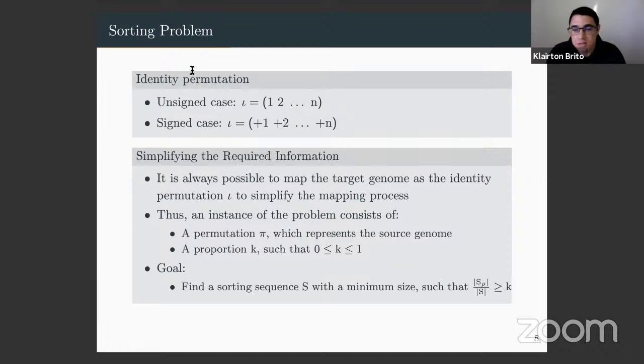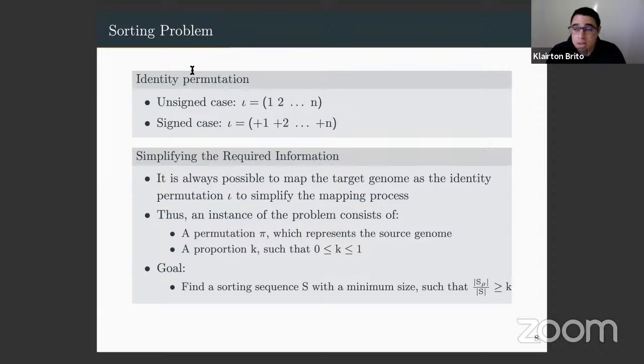And for the signed case, the identity permutation also has the elements in increasing order, with all the elements with positive sign. The problem, when the genome is mapped into a permutation, tends to be treated as a sorting problem, to simplify the process. And also, the identity permutation can be easily computed just with information about the size of the source genome.